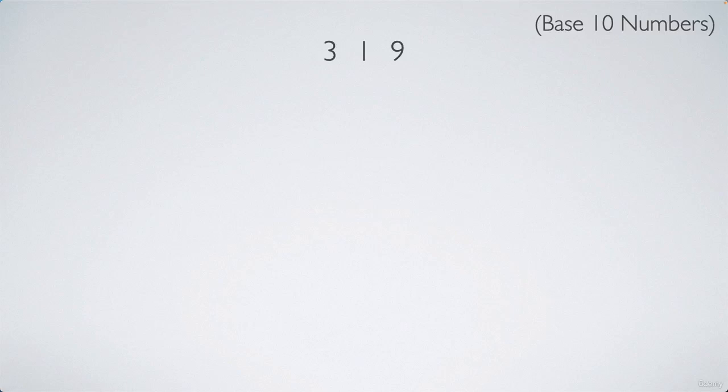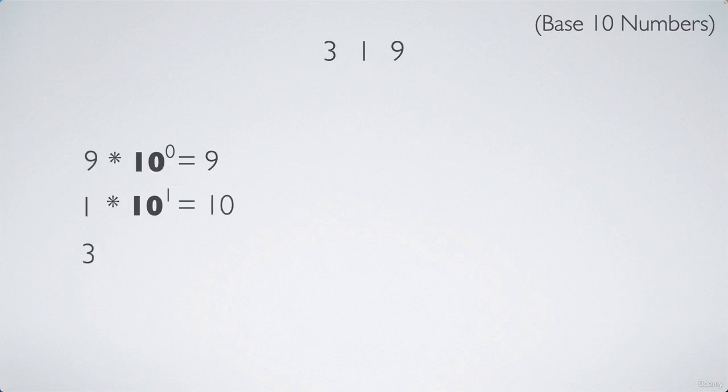But let's see why we call it base 10 so that you would now understand better why we call binary numbers base 2. So if I use the exact same formula that I did in the previous slide, and I take each character and now multiply it by 10 to the power of its index. So I'll take 9, and then I'll take 1 times 10 to the power of 1, which is 10. Now I take 3, and then times 10 to the power of 2, which is 300.